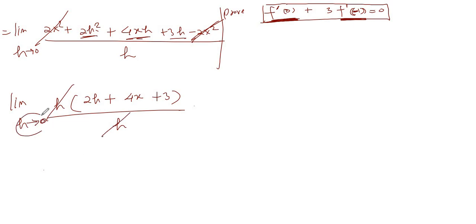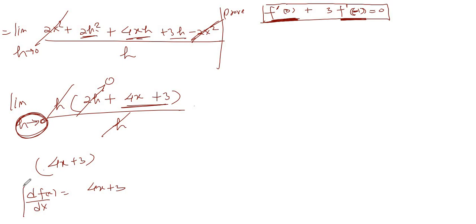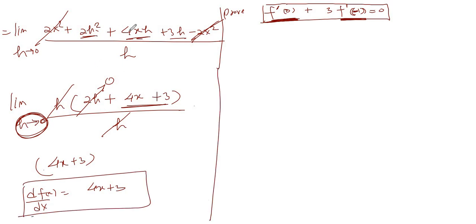To simplify, we just put h equal to 0. So this will go to 0. What is leftover is the derivative. So actually df/dx is 4x plus 3. This is my answer. Sometimes they will give a function to find the derivative by first principle.